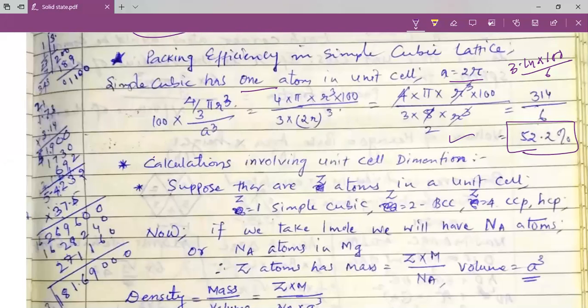So my dear students, when you understand these packing efficiencies for the various types of unit cell, what you realize is this. You have FCC and your packing efficiency is 74%. If you have BCC, your packing efficiency is 68%.